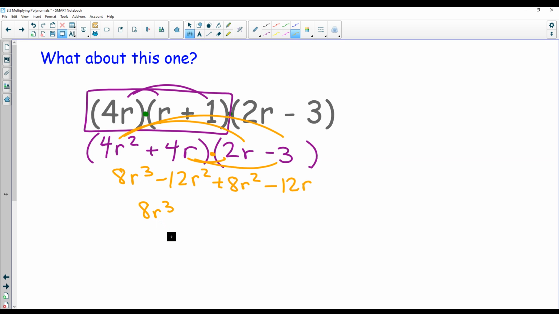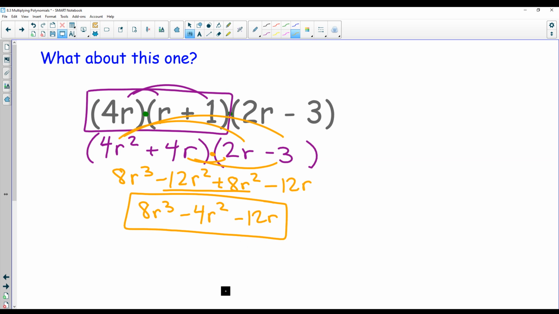So the first one does not go with anything. And then we have a minus 4r squared because these are like terms in the middle. And then you're done. You cannot put any of those other terms together. R squared does not go with. Okay, so I could have multiplied these 2 together first if I wanted to, and then multiplied everything by the 4r. But the idea is you've got to multiply 2 of them, then take that answer and keep multiplying to the next one. All right, so I want you to practice that and refresh that and make sure it's all good.